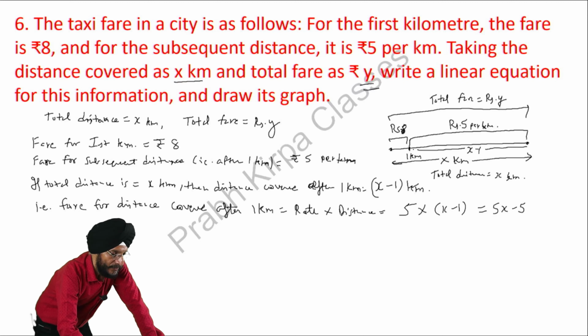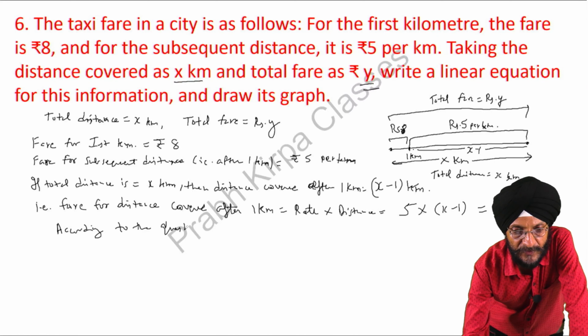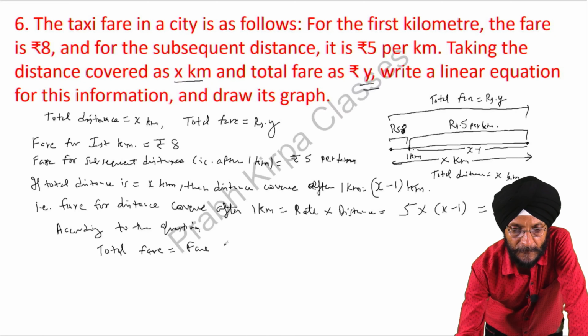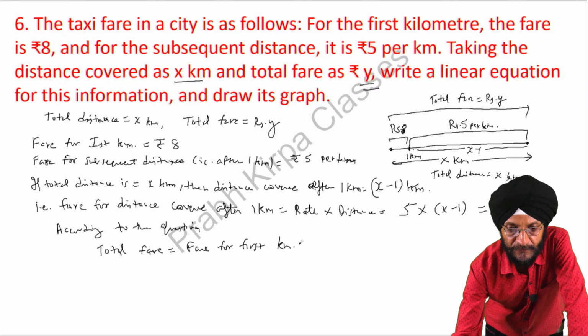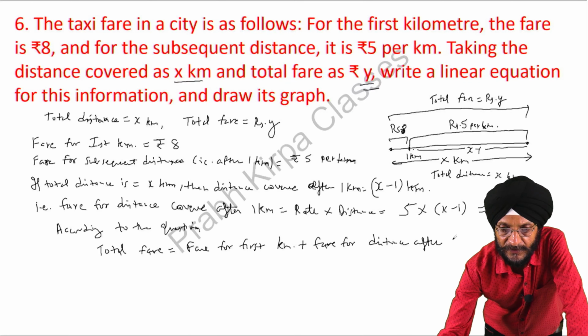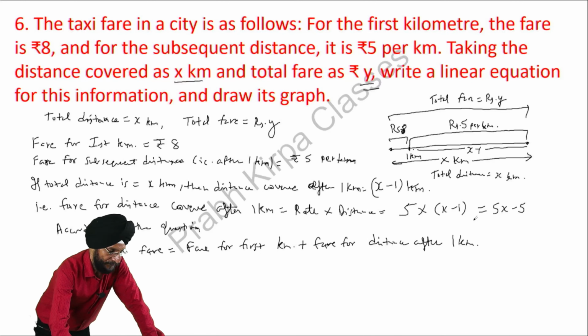So now according to the question, what is given? Total fare is equal to fare for first kilometer plus fare for distance after 1 kilometer.